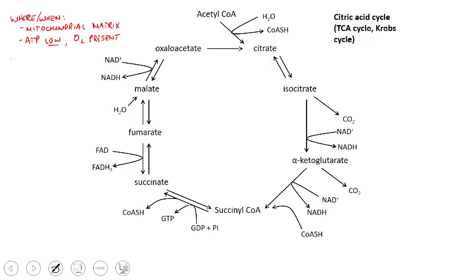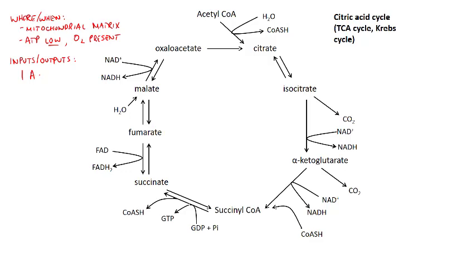Its main inputs and outputs. Because this is a circular pathway, it doesn't really make sense to give a complete balanced chemical equation because you end up regenerating what you started with. But we can simplify the inputs and outputs of the citric acid cycle as follows.